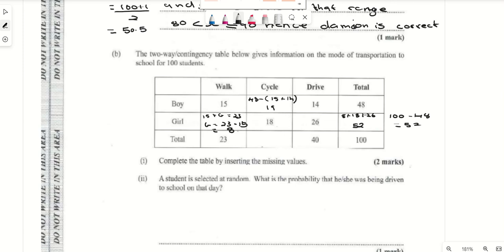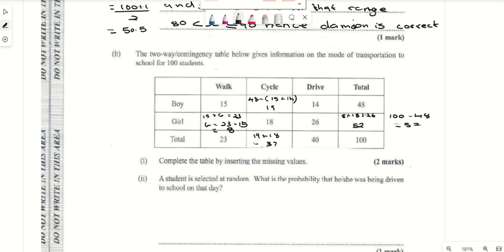And then we could find out that the total cycling would be the number of boys and girls, which is 19 plus 18, which is equal to 37. Now, there's not only one way to do this. There are several ways.